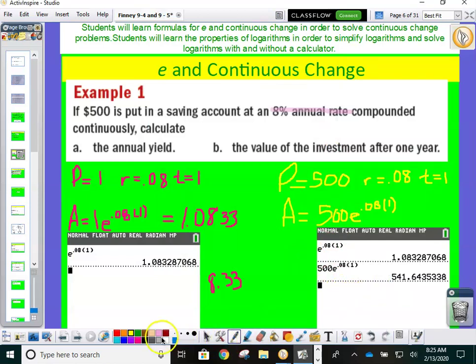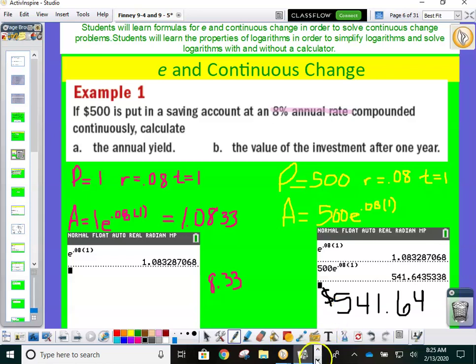So I would have $541.64. So that means I actually earned $41.64 in interest. But 8% of $500 is $40. So I earned a little extra by having that interest right there.